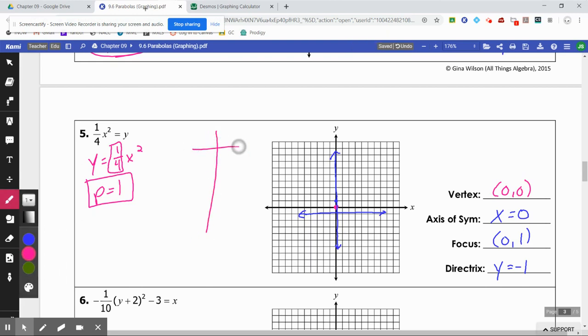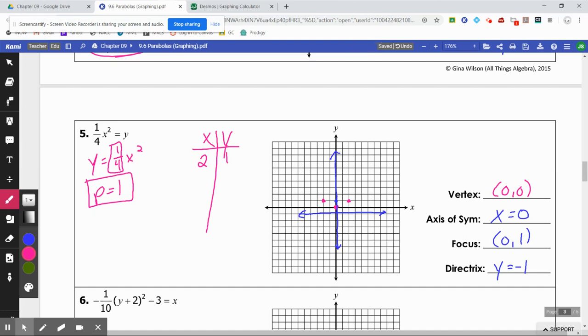We have our vertex already, so we can pick any other x or y values. And again, I like to pick x values or y values that will kind of work out with my fraction pretty nice. If I pick 2, 2 to the second is 4, and then when I do a fourth of 4, I get 1. So picking 2 gives me 1. Using my axis of symmetry gives me a point on the other side as well.